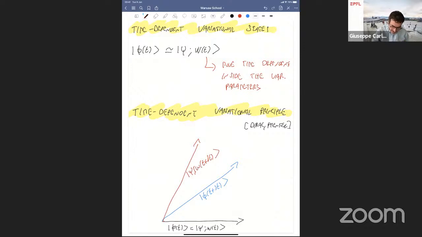So the goal of the variational principle in this case is to minimize the angle, or optimize the overlap, between these two vectors: the exact time evolution at time t plus delta t, and the approximate time evolution generated by the dynamics of the variational parameters. So you have two different generators, one generated by the Hamiltonian and one generated by the variational parameters.